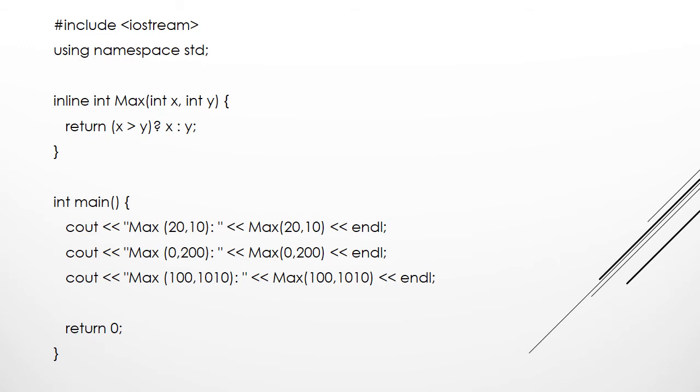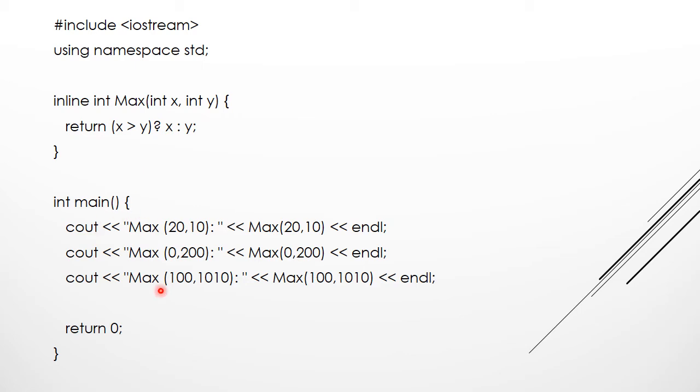Here is an example for an inline function. Here I have inlined a function max with int x and int y. See, before the function return type int, I have added just the word inline, and I have my function name max and my parameters int x and int y.